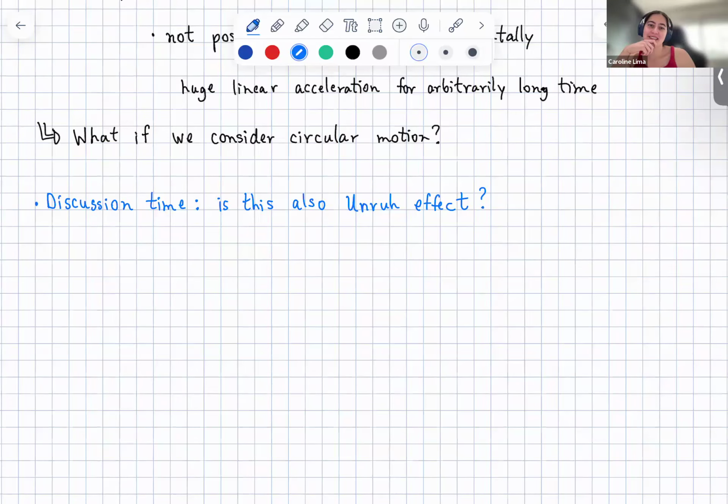Oh, that's an interesting view. Luis also mentioned in the group chat that you do not need as much acceleration as in the linear case. You're saying that you don't need as much acceleration to observe the effect, meaning it's easier to observe for a smaller acceleration. That's the point.